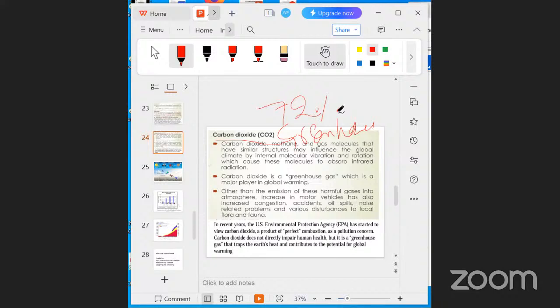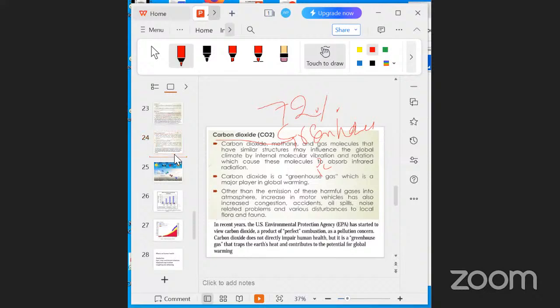The earth is kept warm by solar energy trapped by the atmosphere. It is becoming widely accepted that the temperature of the earth is increasing by approximately 1 degree Celsius every 30 years.